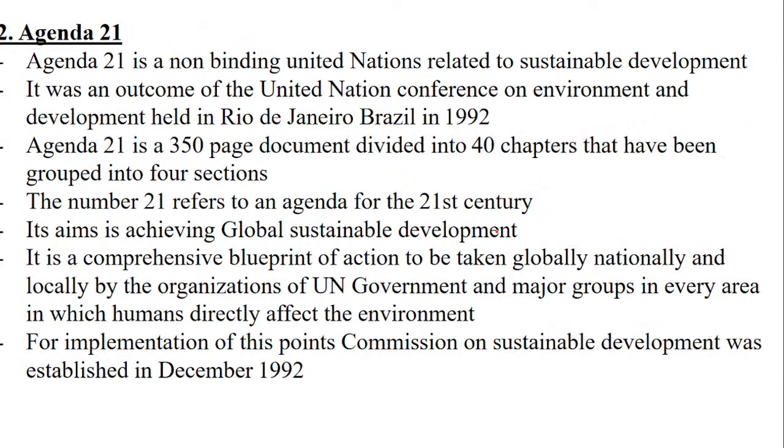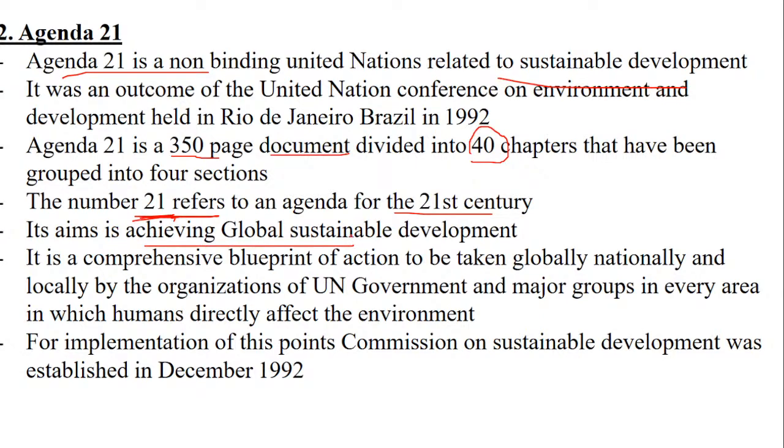We had another outcome, that is Agenda 21. Now Agenda 21 is non-binding, okay, it is again related to sustainable development. It is a 350-page document which is divided into 40 chapters, and Agenda 21 refers to the 21st century, and it aims at achieving global development.